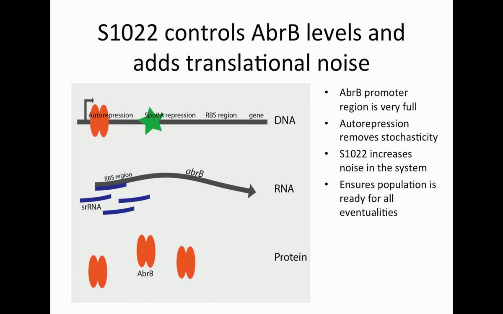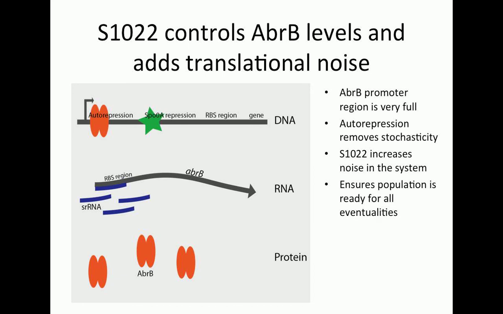So our little model of why this is happening is that this is the AbrB promoter region, and as you remember from the previous work, we have auto-repression of the AbrB promoter, and we also have SPO0A sitting on the promoter. So this region is quite complicated and quite full.